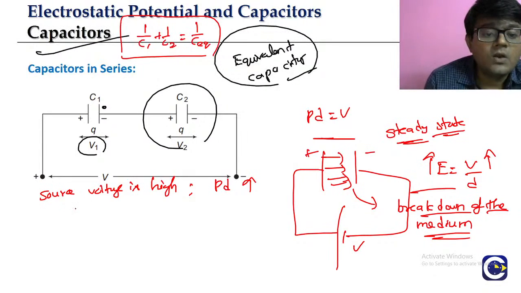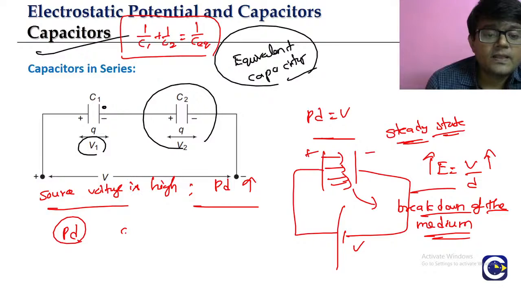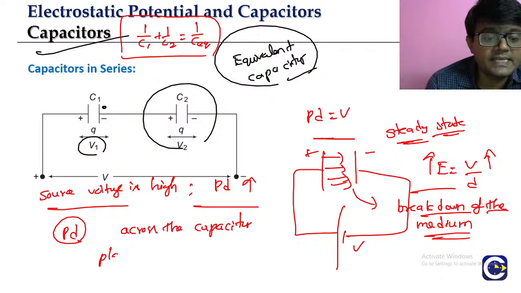So one of the important things is that we will always have to make sure that the potential difference across the capacitor plates is less than the breakdown voltage.